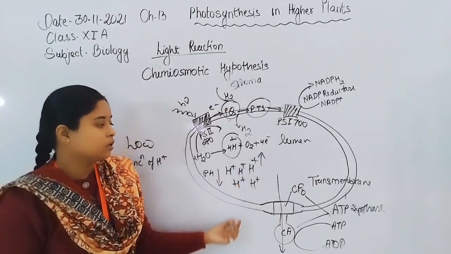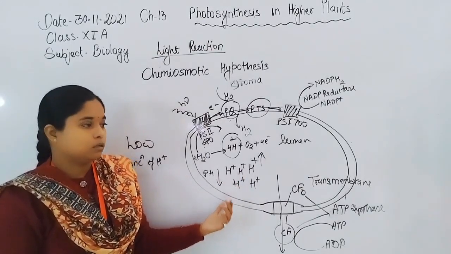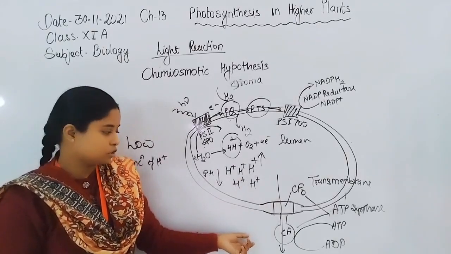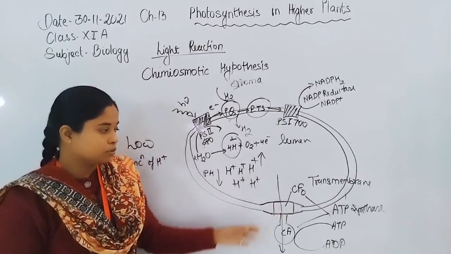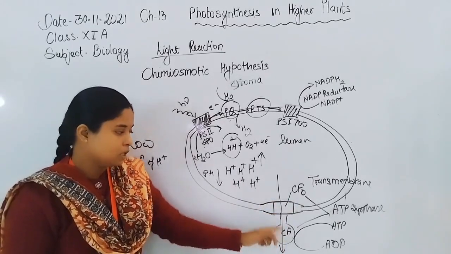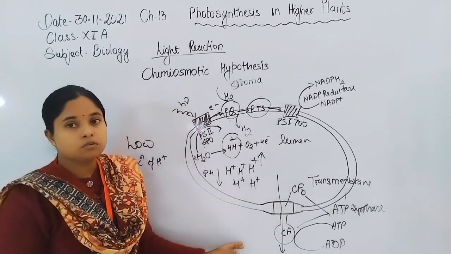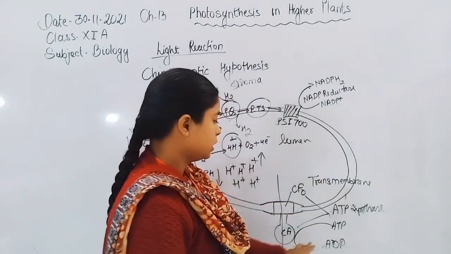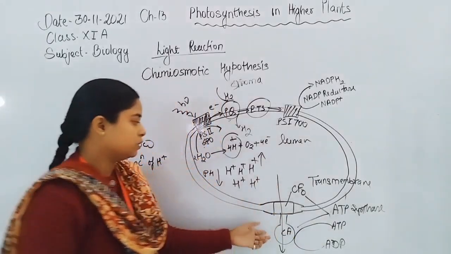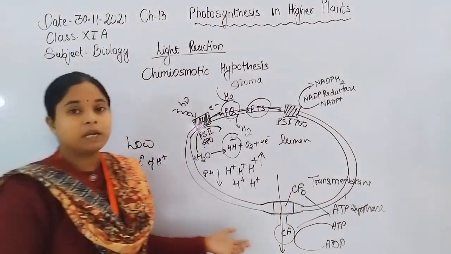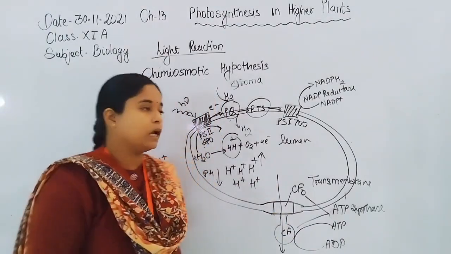In this way also the proton moves from higher concentration to lower concentration through the transmembrane protein formed by the two subunits CF0 and CF1 together. The CF0 and CF1 together are called ATP synthase, which forms the ATP through the proton gradient, so again the ATP gets synthesized through the chemiosmotic hypothesis.